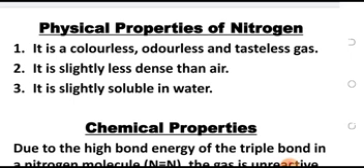Whenever you want to determine the density of a gas compared to air, you use oxygen as a gas that has the same density as air. Oxygen is almost the same density as that of air.